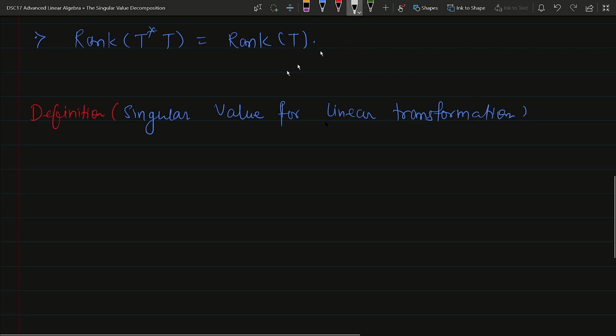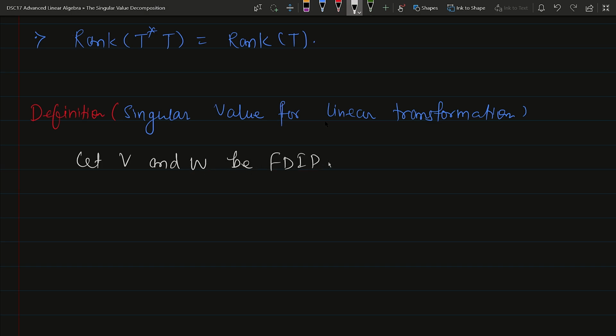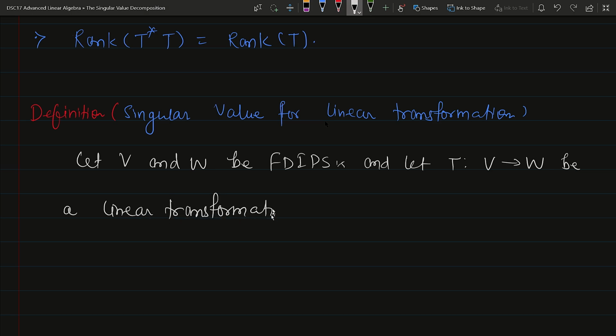Okay, so let V and W be finite dimensional inner product spaces and let T defined from V to W be a linear transformation of rank r.